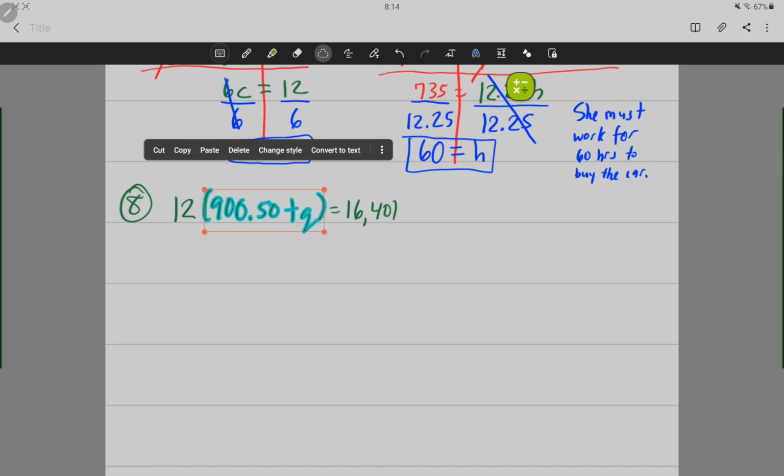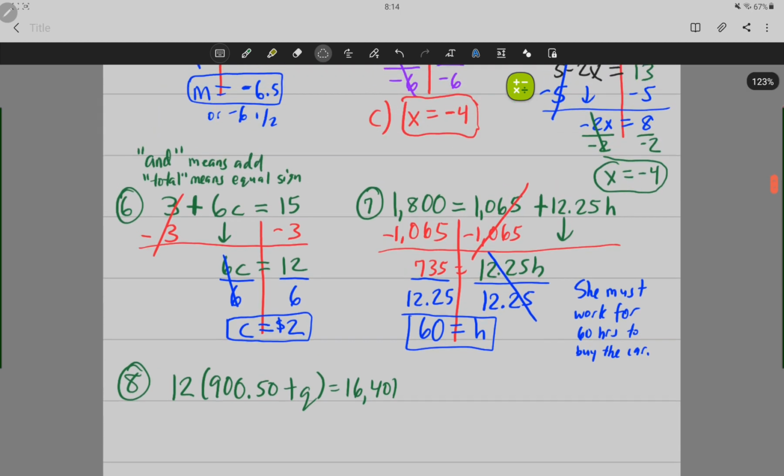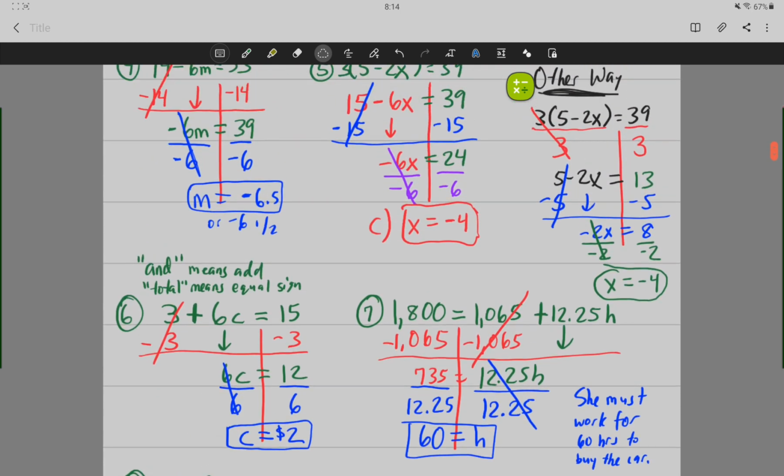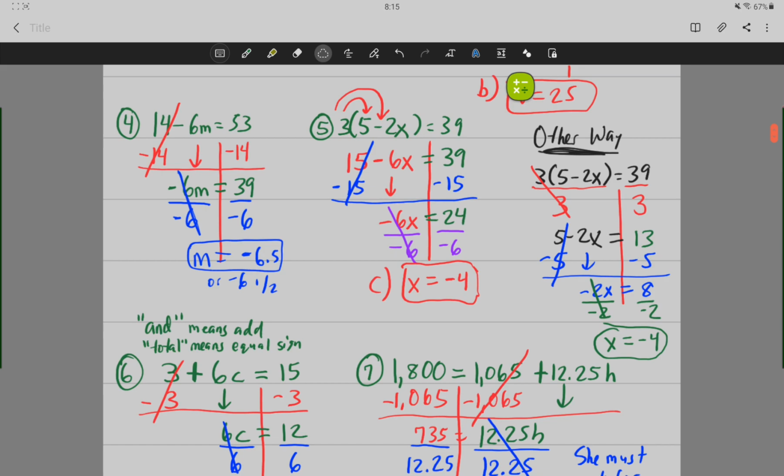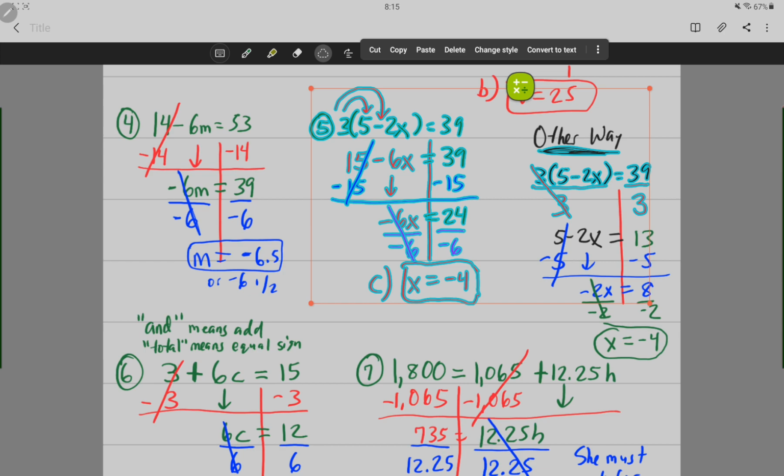Now, with something like this, I know it says challenge, but if you're looking at the parentheses right here, you should notice that it's kind of similar. Let me just scroll back up here a little bit. Kind of similar to problem number 5. Look, that also has some parentheses. So again, you have 2 different methods for how to solve this that I've shown you.